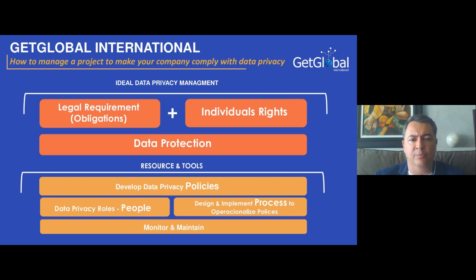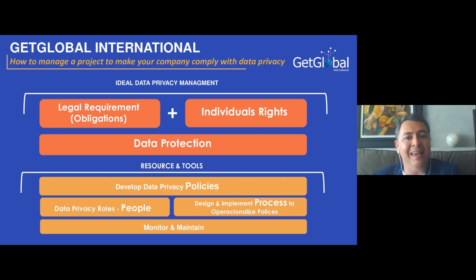For example, if we are running a data privacy management program in an industry, a B2B kind of business, probably this company doesn't process personal data on a large scale.